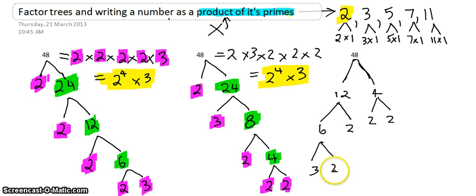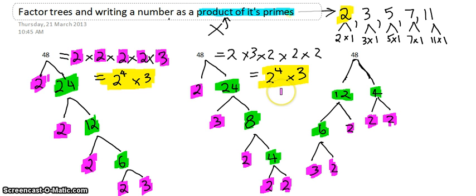So I've got 3 times 2 times 2 times 2 times 2, which is 2 to the power of 4 times 3. I will actually put the colours in, I think, just to show you where my composite numbers are. Okay, so the green are composite numbers. That means I needed to keep factorising. And my pink are my prime factors, so I just need to stop there.